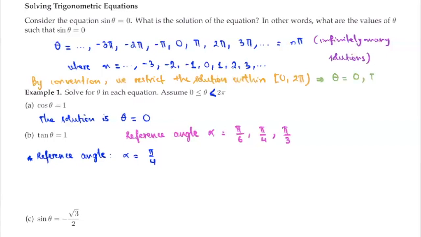Now, after defining the reference angle, we move on to find the actual solution theta, and I'm going to call that the angle measure. So for the angle measure, or the value of theta, you need to identify theta in quadrant 1, quadrant 2, quadrant 3, and quadrant 4.